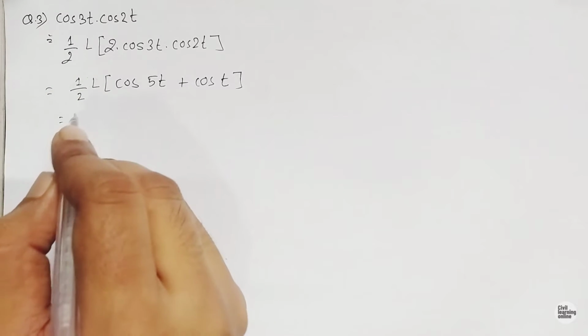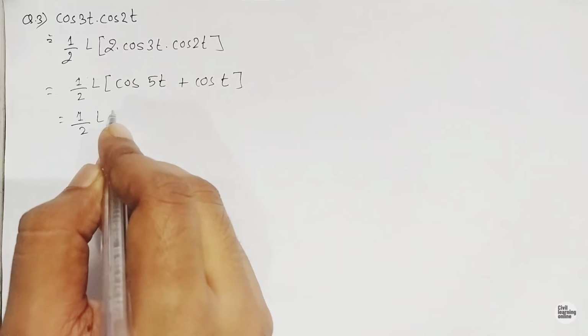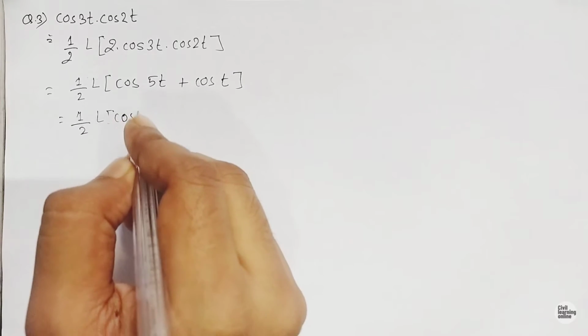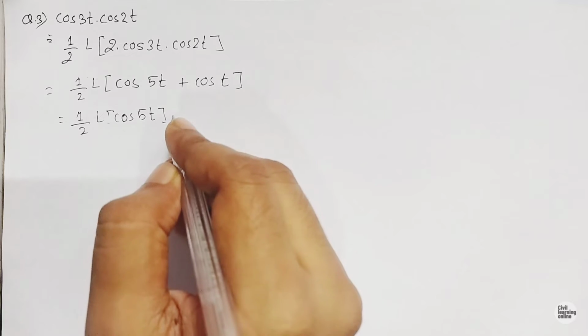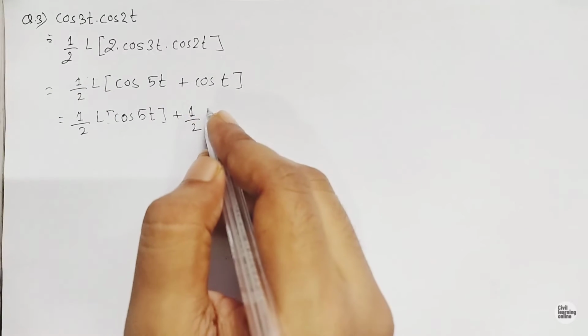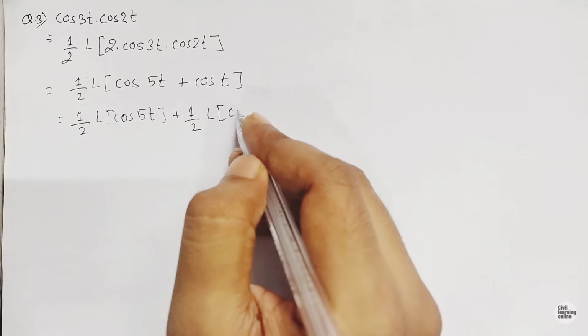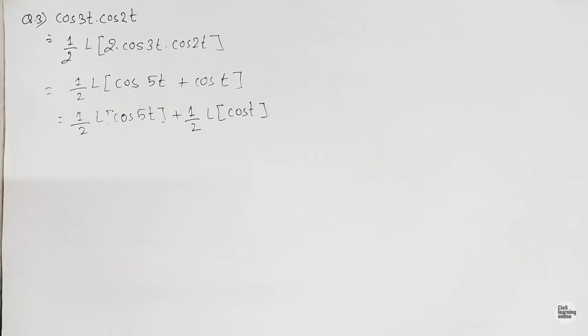So from here we have 1 by 2 times Laplace transformation of cos 5t plus, multiplying both terms by 1 by 2, 1 by 2 Laplace transformation of cos t. Now use the formula.